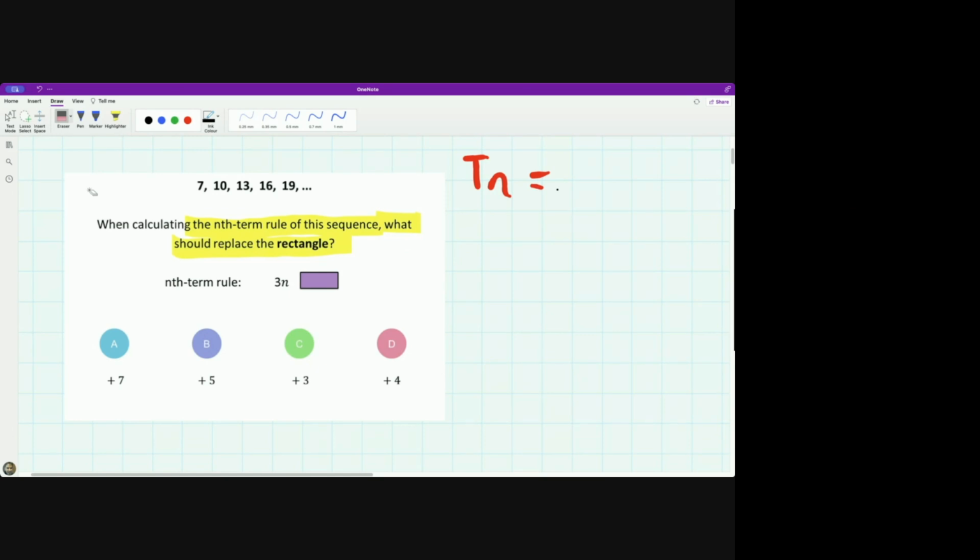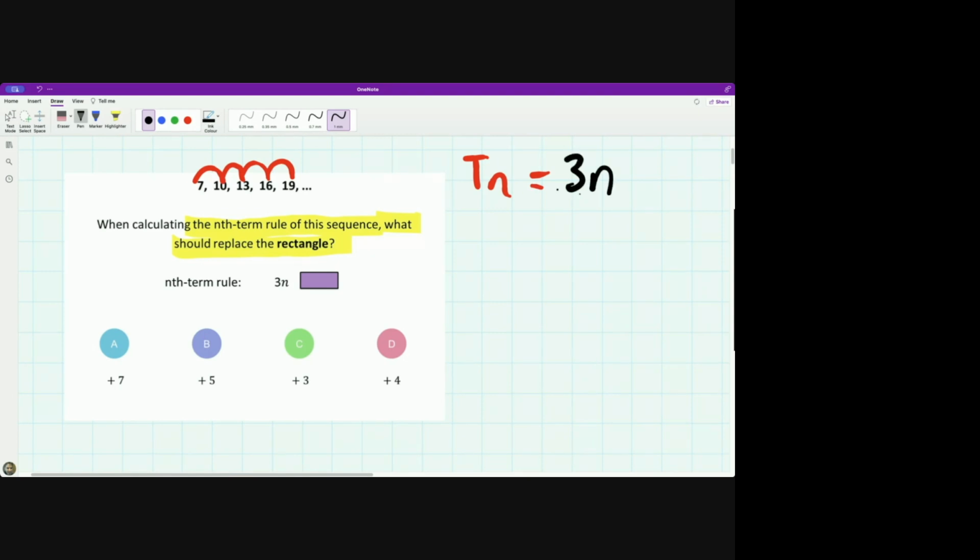Okay. In this number pattern, what is it going up by? It's going up in threes. That's why the number in front of the n is going to be 3n.